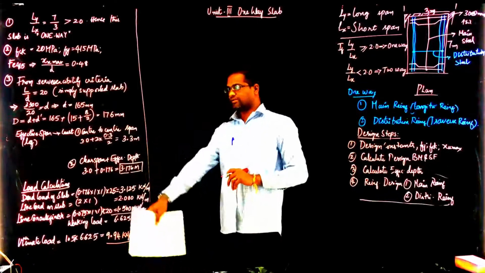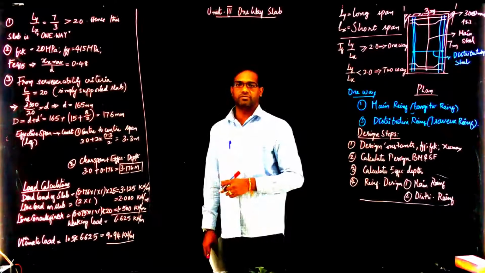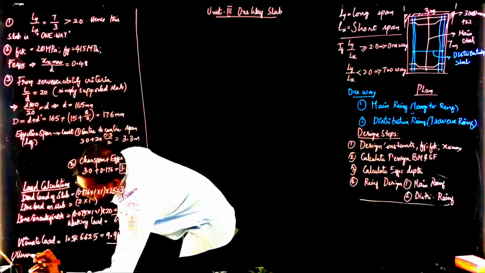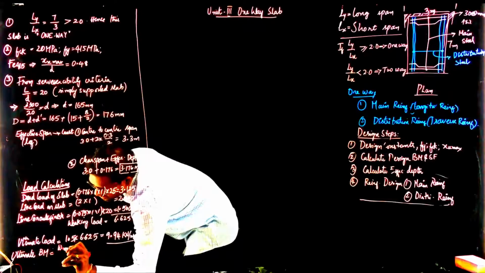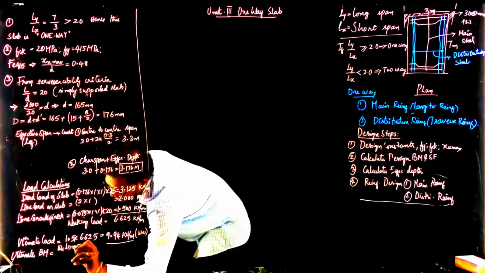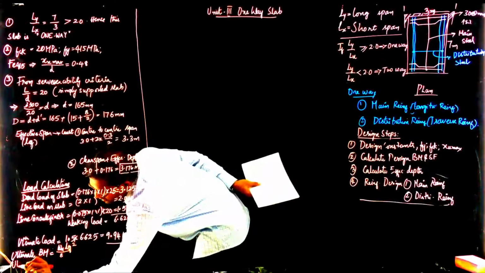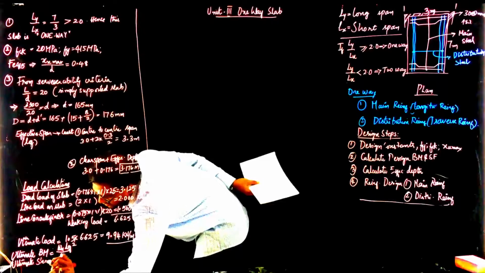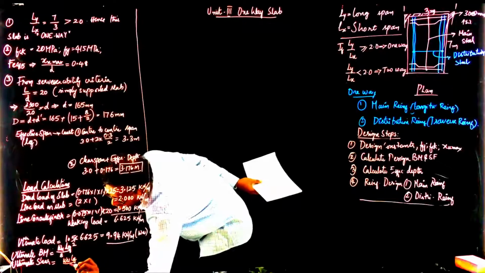Now if you know the ultimate load value, then you can easily calculate the ultimate bending moment and ultimate shear force. The ultimate bending moment is given by W Leff square by 8. Similarly, the ultimate shear is given by the ultimate load times Leff by 2.